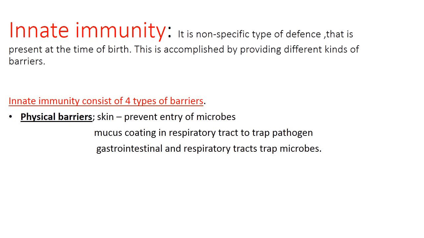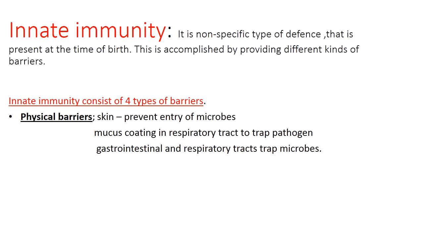One of the physical barriers is skin. Skin is the outermost covering of our body. It not only protects the inner organs, one more function of the skin is that it prevents the entry of pathogens. Suppose the air contains a pathogen, if it comes in contact with your skin, the skin does not allow it to enter.